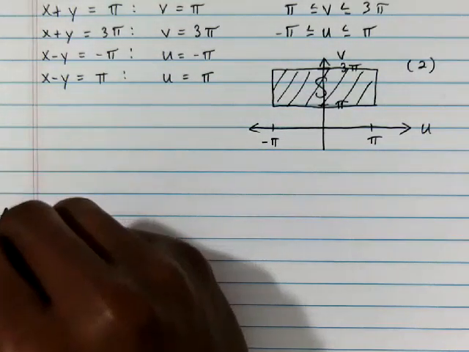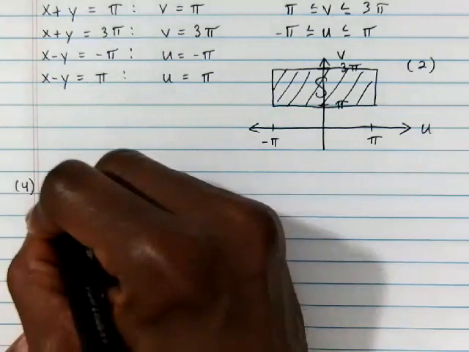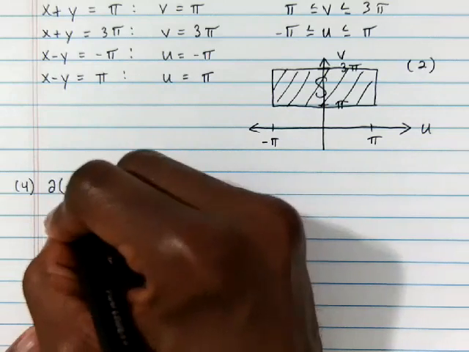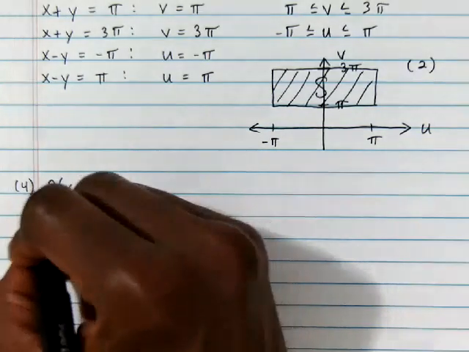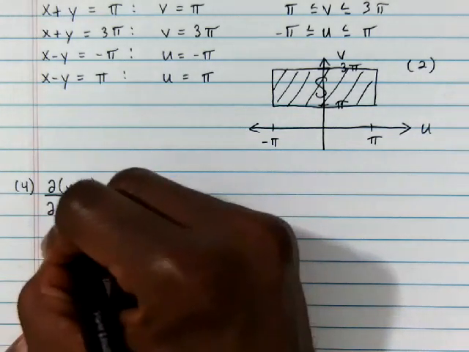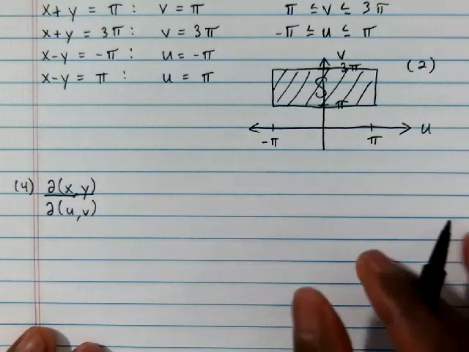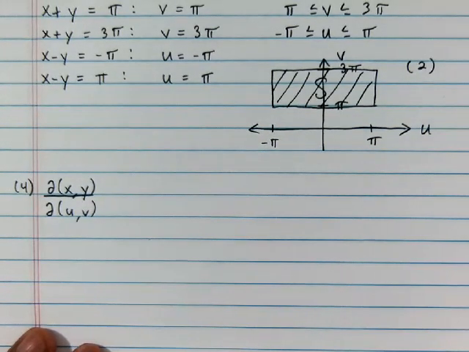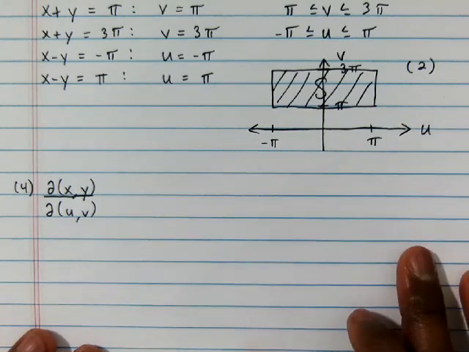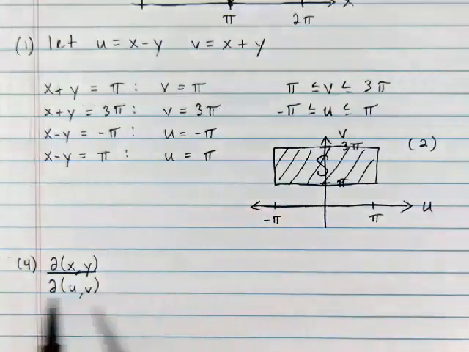So step 4 is the Jacobian. Usually we need to find the partial of x with respect to u and v and the partials of y with respect to u and v. So that's another reason we would want to solve this system for x and y, to find the Jacobian.